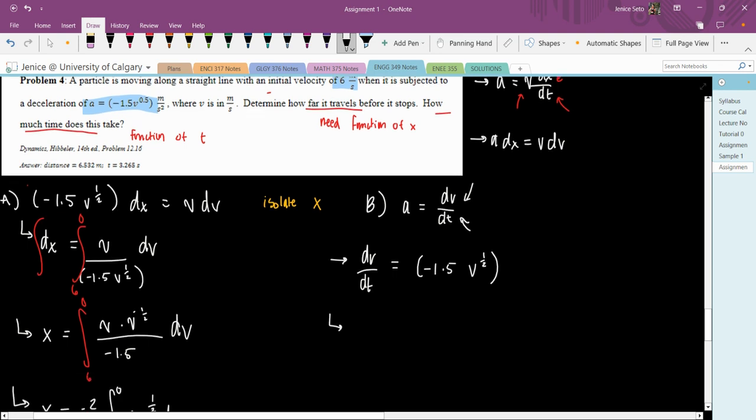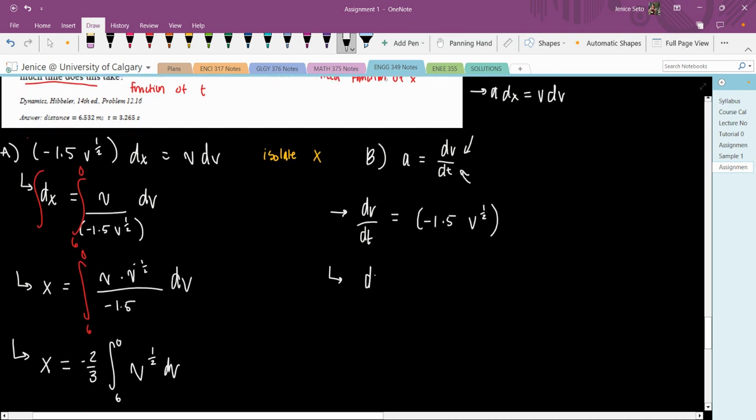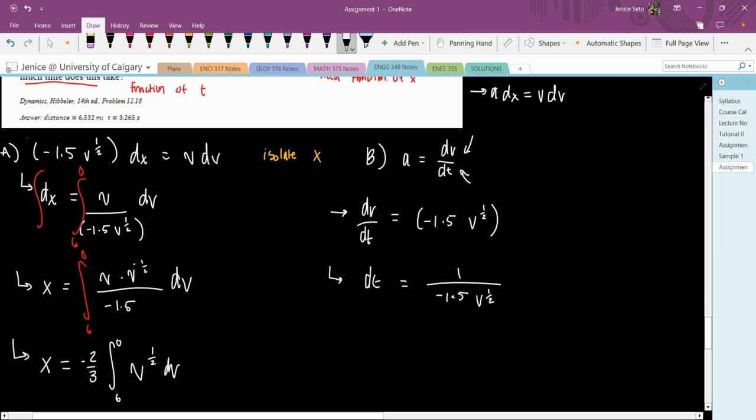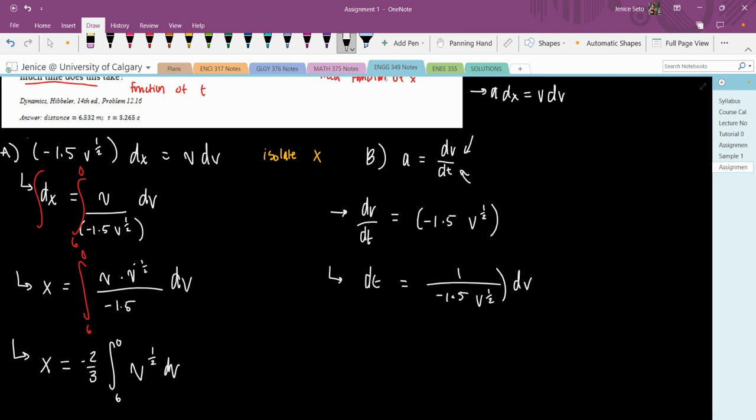Okay, and same thing, we're going to move all the v's to be together. So we're going to get dt on its own. We're going to get 1 over negative 1.5 v to the half dv. Okay, and we're going to integrate to get time on its own. Oh, and again, we are integrating from a velocity of 6 to 0.